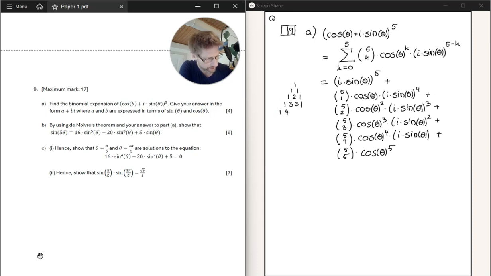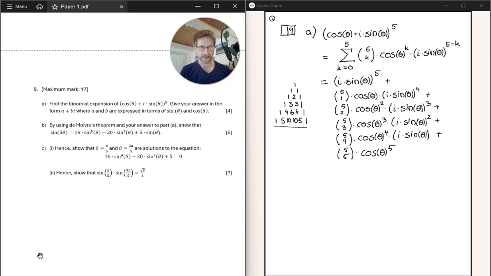That 4, 6, 4, 1, and then the essential one, 1, 5, 10, 10, 5, 1. These are your binomial coefficients. Thank you, Pascal. That should be filled in here.